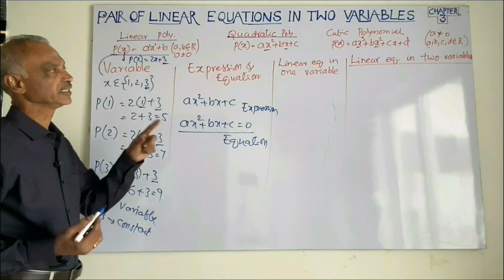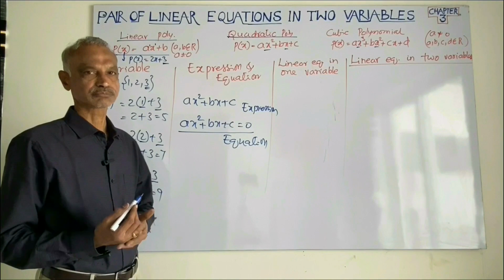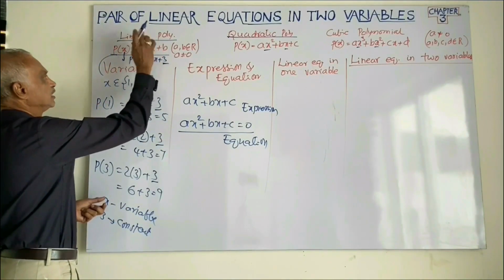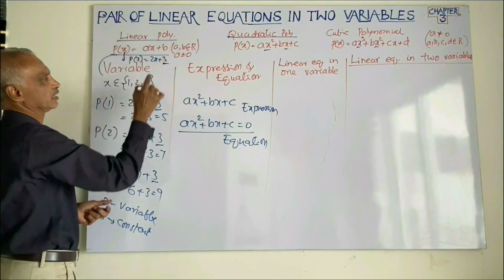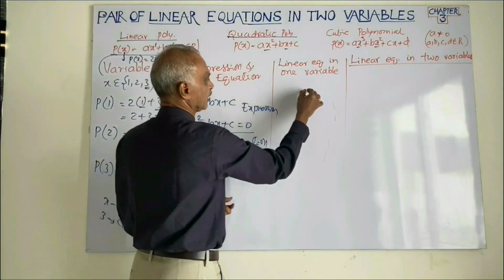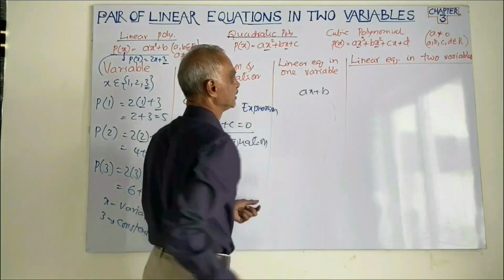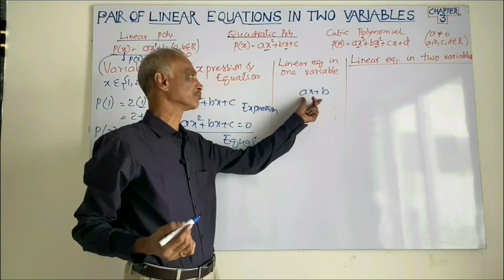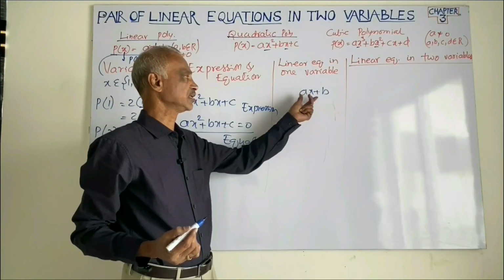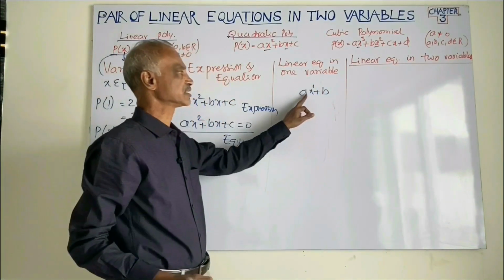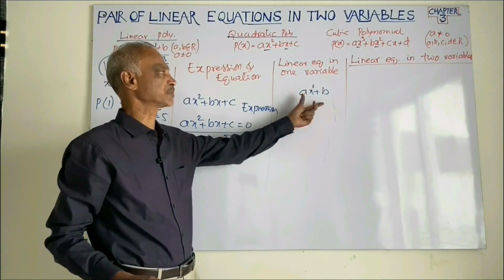Next, linear equation in one variable. Observe the linear polynomial ax plus b. It is an algebraic expression. Linear means the degree of this expression is 1.